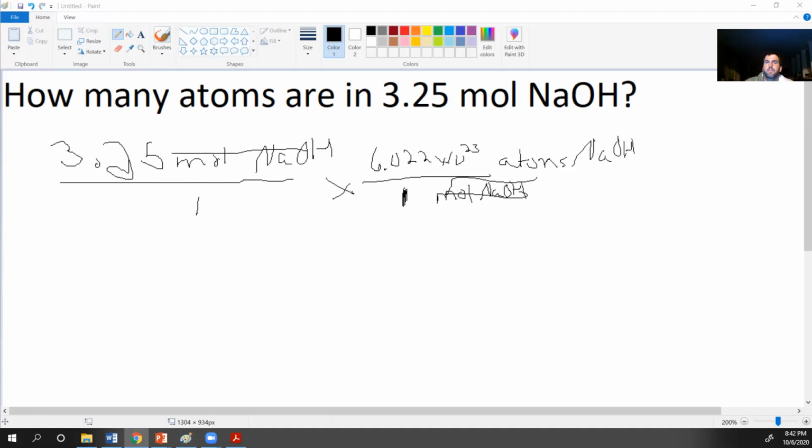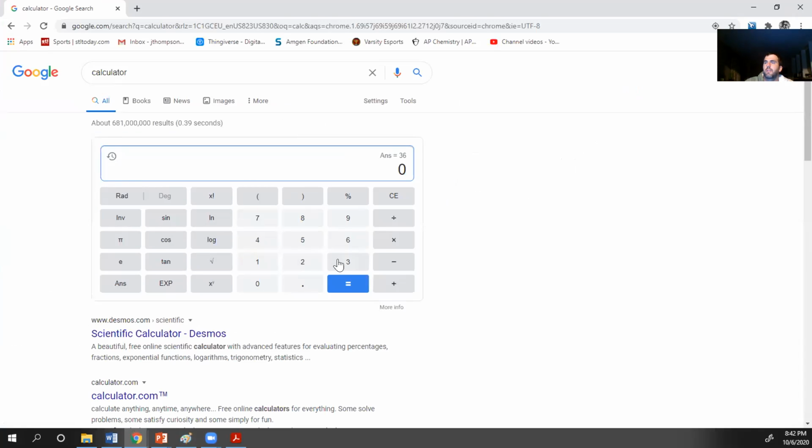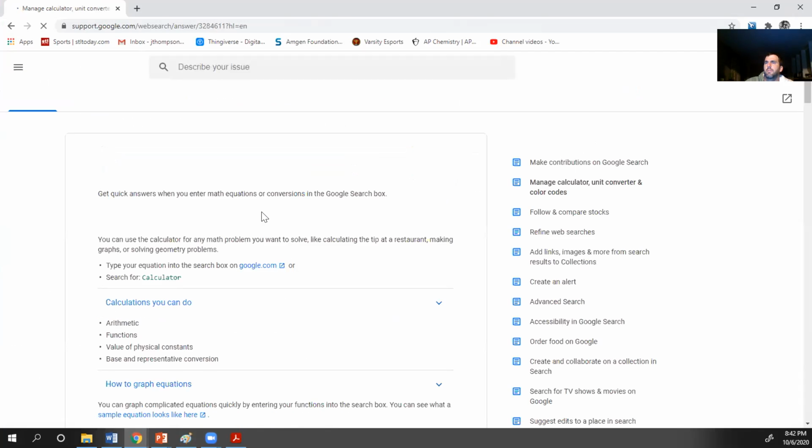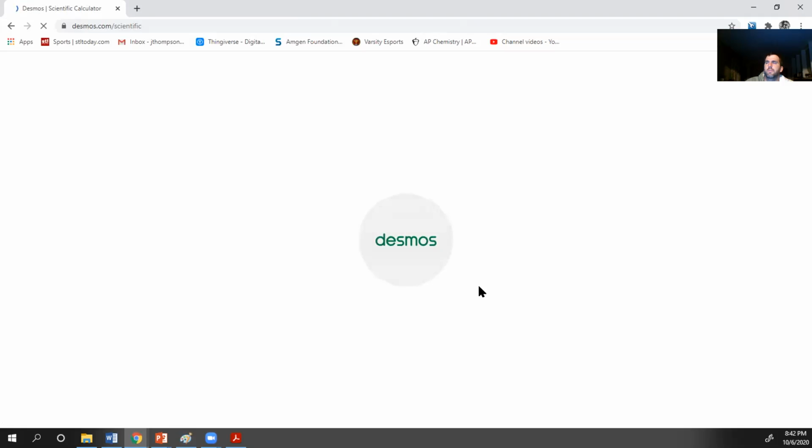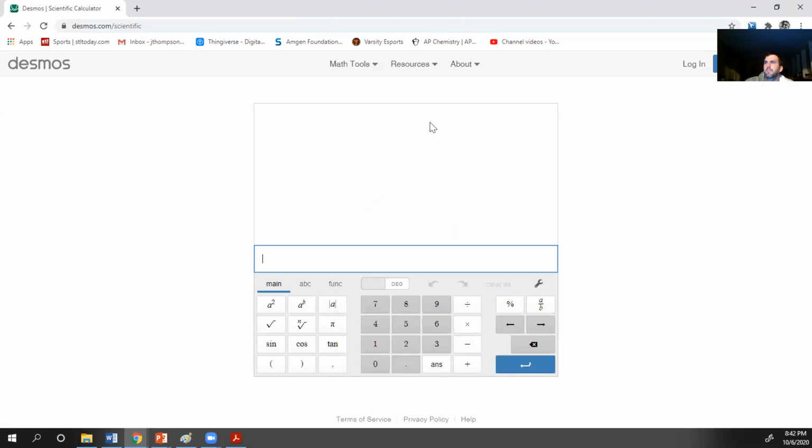Pull out my handy dandy calculator. I would do 3.25 times, and I like to put parentheses around this because order of operations every now and then gets you, 6.022. Oh, I hit the wrong thing. Let's go to the calculator that you guys use. I don't like this one.